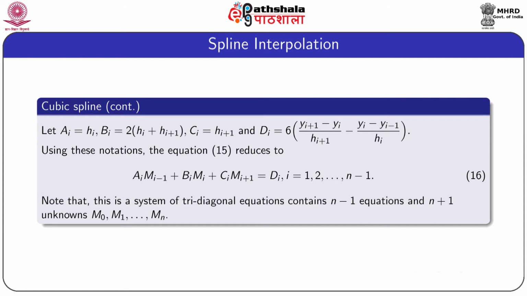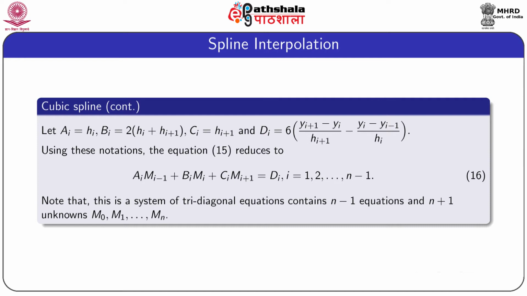So, using this notation, equation number 15 reduces to A_i m_{i-1} + B_i m_i + C_i m_{i+1} = D_i, and this is valid for i equal to 1 to n-1. That means, this is a set of n-1 equations.